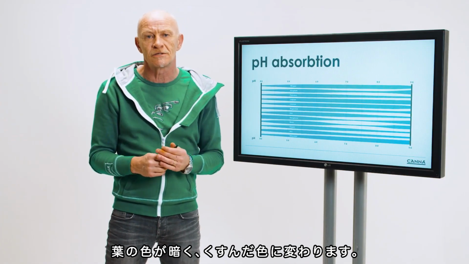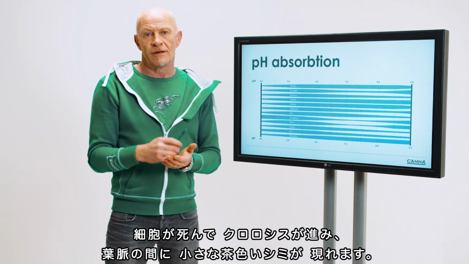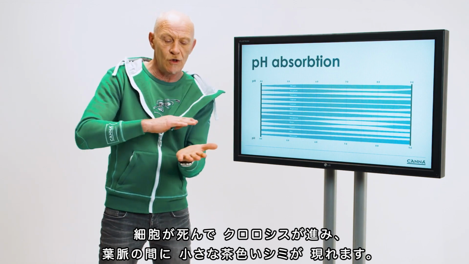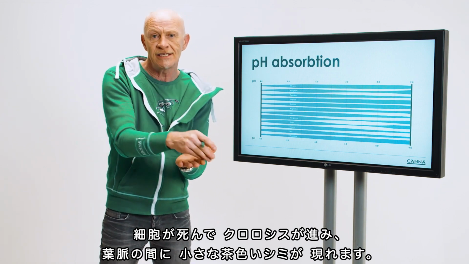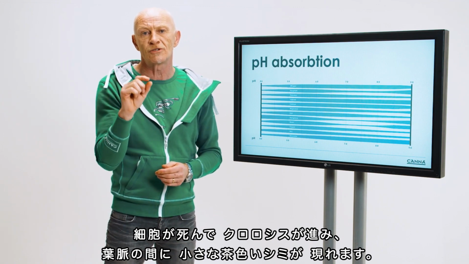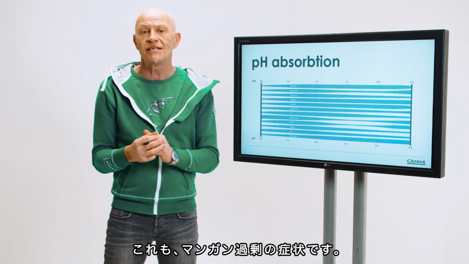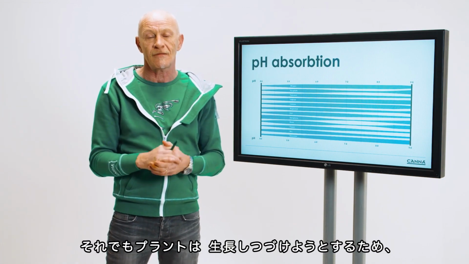That makes the color dark and dull. But it goes on, because some of those cells will even break. If you look at the leaf, then you see next to the veins small brown spots. It's an excess of the same manganese, because that's the only element he can still get.